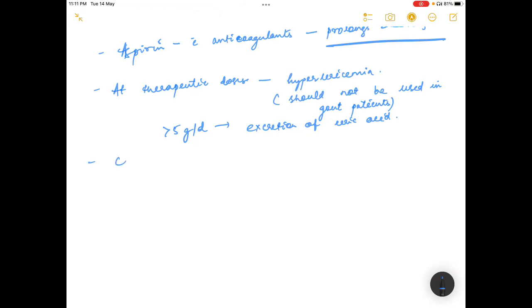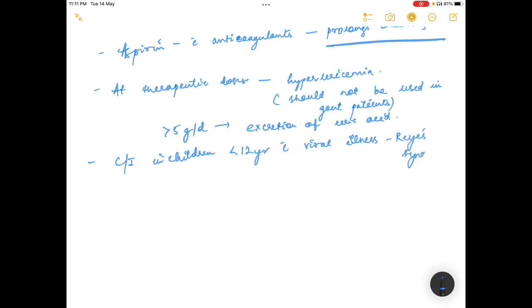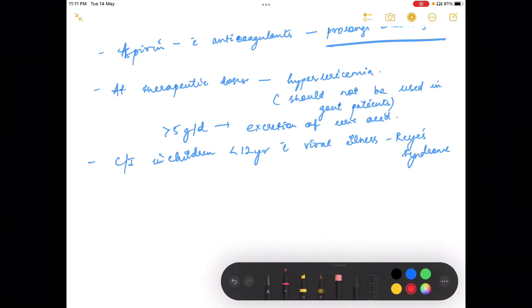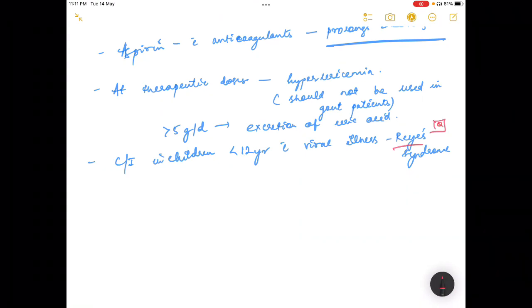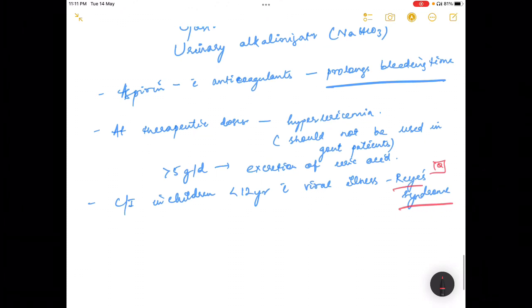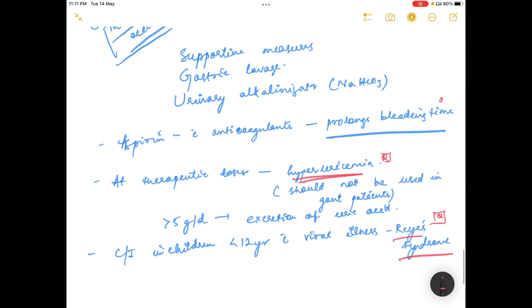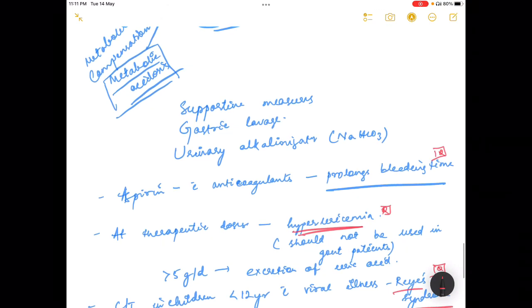Aspirin is contraindicated in children less than 12 years with viral illness due to the risk of Reye's syndrome. This can be an MCQ. Reye's syndrome.